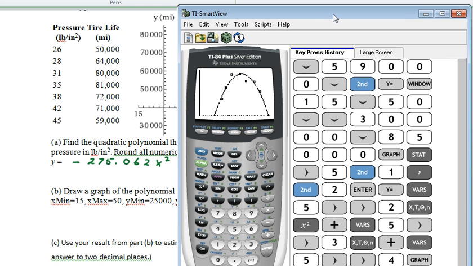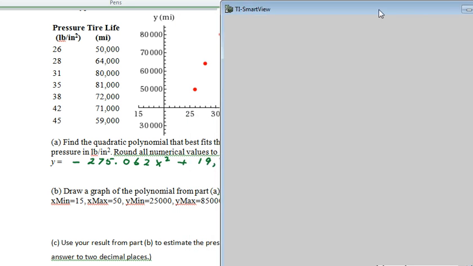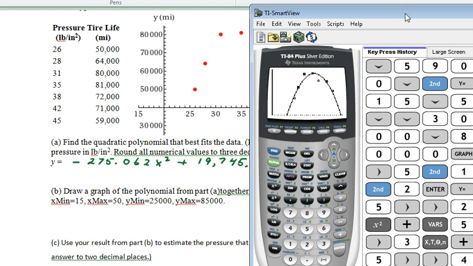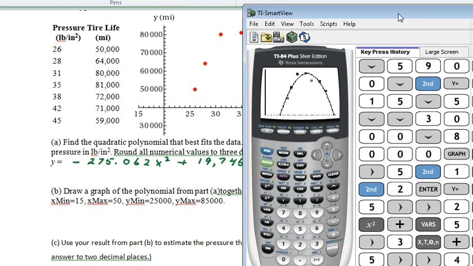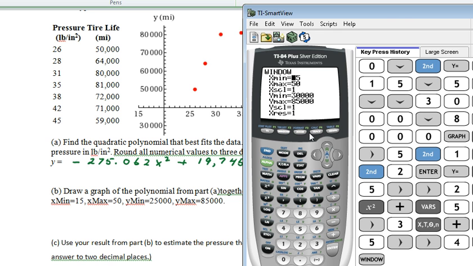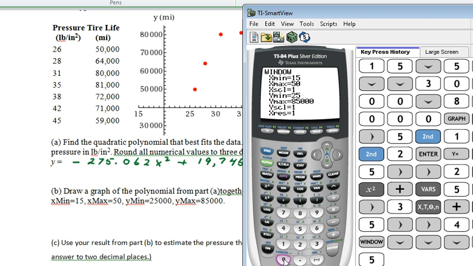And I'm sorry, we were given to use the y min of 25,000, so let me just fix that, because I used 30,000. So 25, 1, 2, 3, and back to graph.